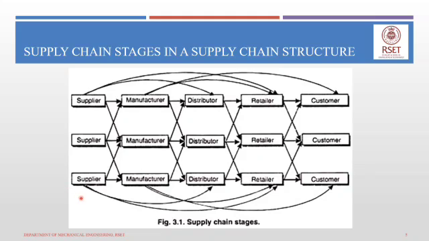You can see the first stage called the supply stage. Then there is a manufacturer stage, a distributor stage, a retailer stage, and a customer stage. And the arrows indicate the flow of products, generally the flow of products.